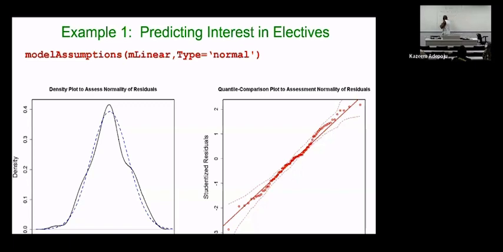The null hypothesis is normality, that your residuals follow a normal distribution. The alternative is a violation of normality. You compare the p-value with the level of significance alpha, 0.05. If the p-value is less than 0.05, that's a violation. If the p-value is greater than 0.05, that is not a violation.